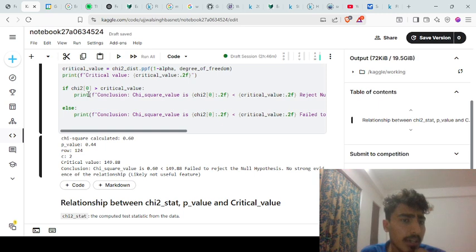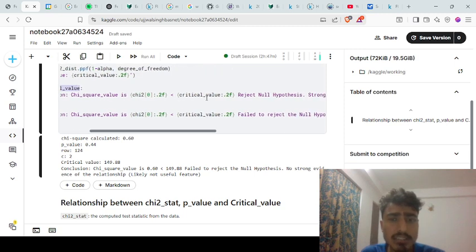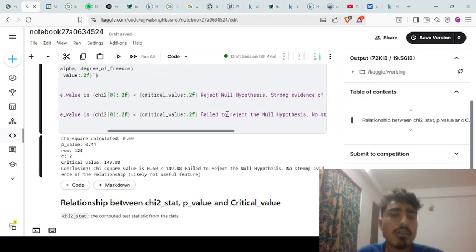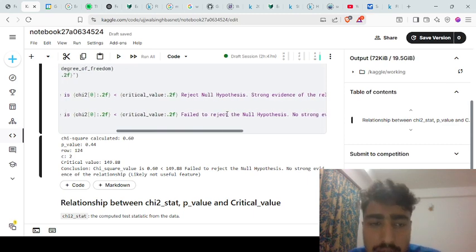Here is the logic: if the calculated chi-square value is greater than the critical value, then we reject the null hypothesis, which means we accept the alternative hypothesis. If not, we fail to reject the null hypothesis.